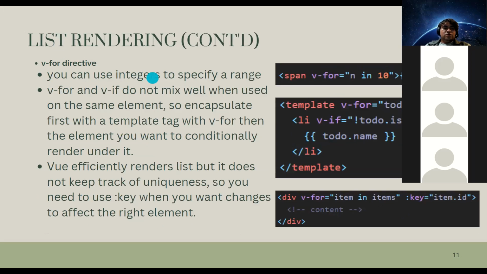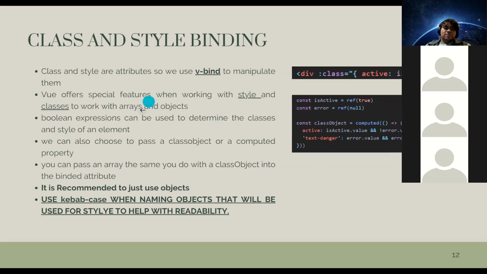And so let's go to v-for, and this is just some other things about it too that you can iterate through a number, and you can also do some other stuff with it, and also just some precautions too.